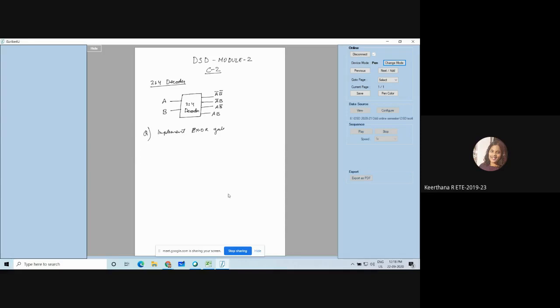A bar B plus A B bar. Okay. So if I want to implement that, how will we do it? A bar B plus A B bar is the function. You only told me. Now, how will I make an XOR gate using a 2:4 decoder?